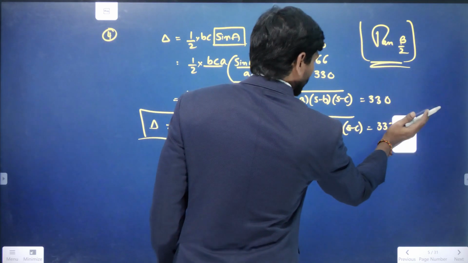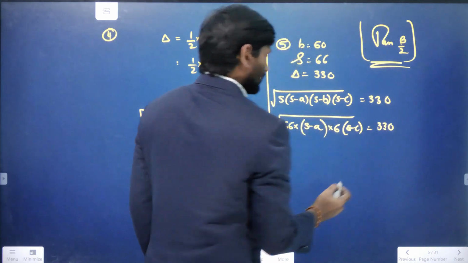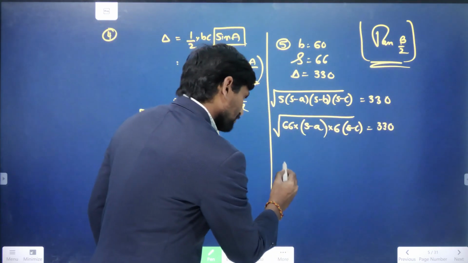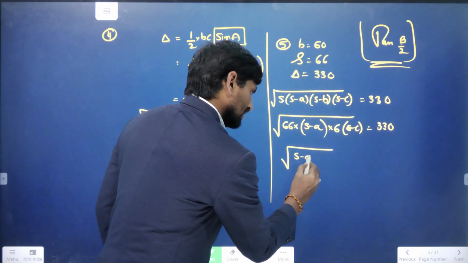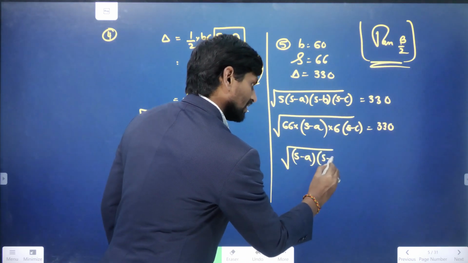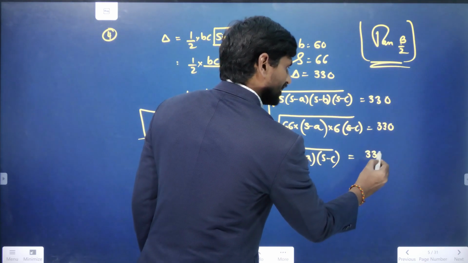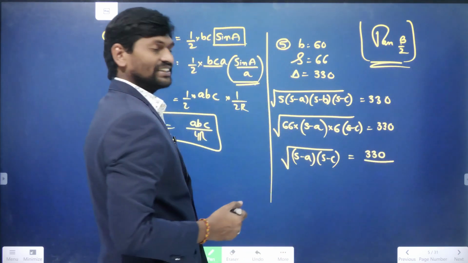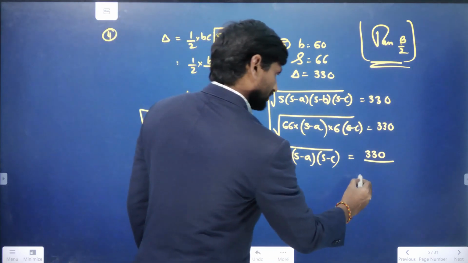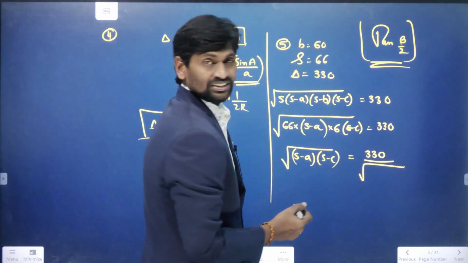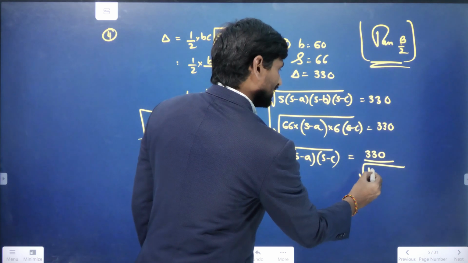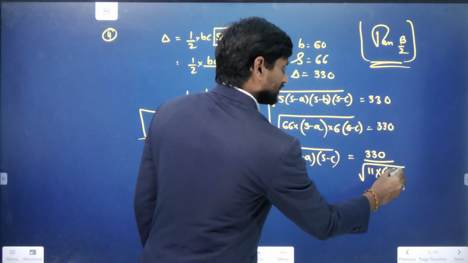Now I am just separating S minus A into S minus C from this. Root over S minus A into S minus C equals 330 by root 66 into root 6. Root of 66 into 6, I am writing 66 as 11 into 6, into 6.